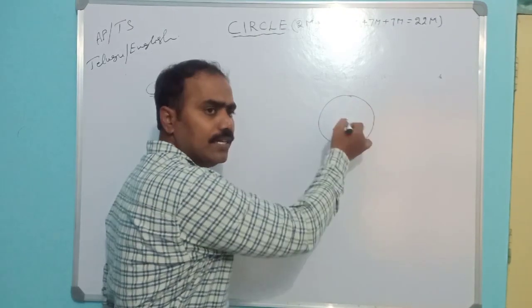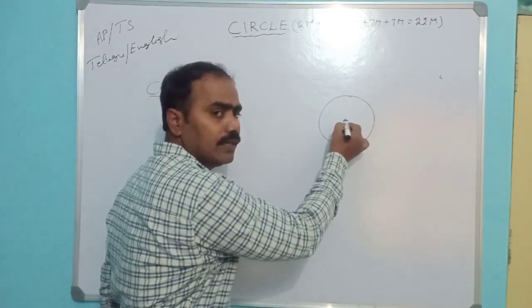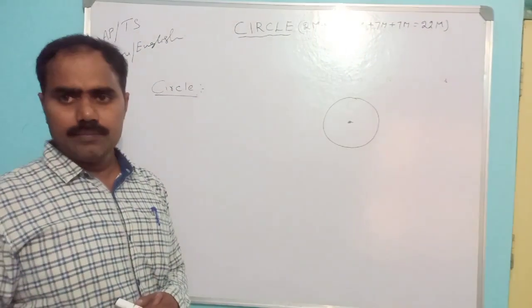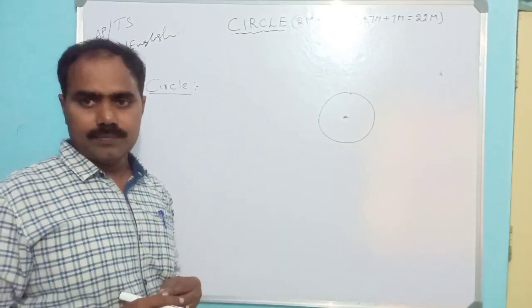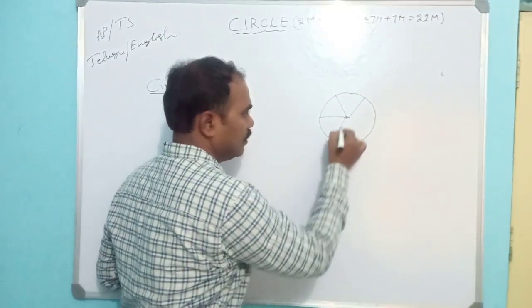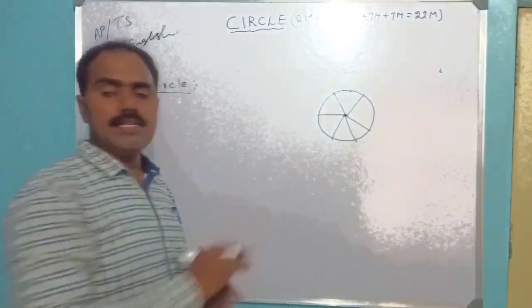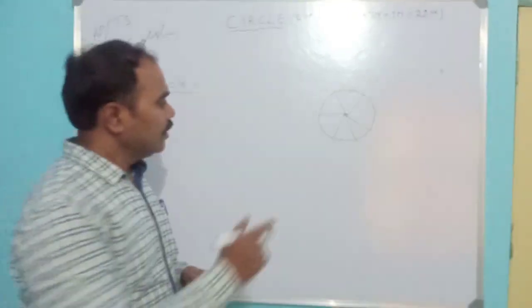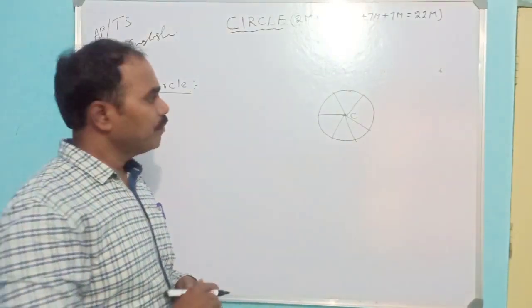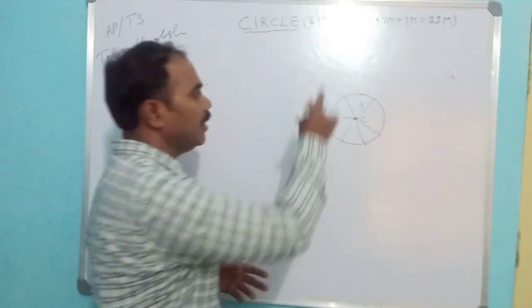The constant distance from the center to any point on the circle is always constant, and it is called the radius of the circle. Generally, the center is denoted by capital letter C and the radius is denoted by r.